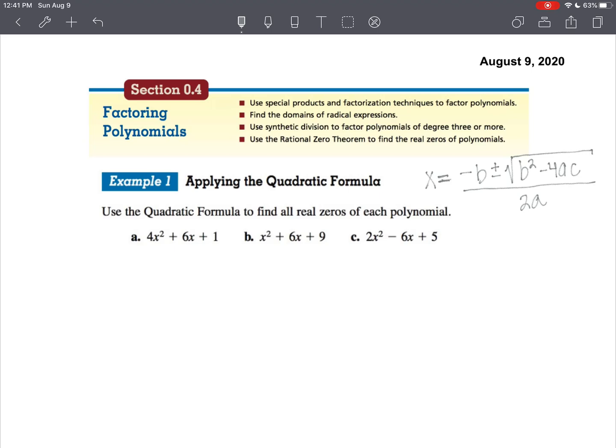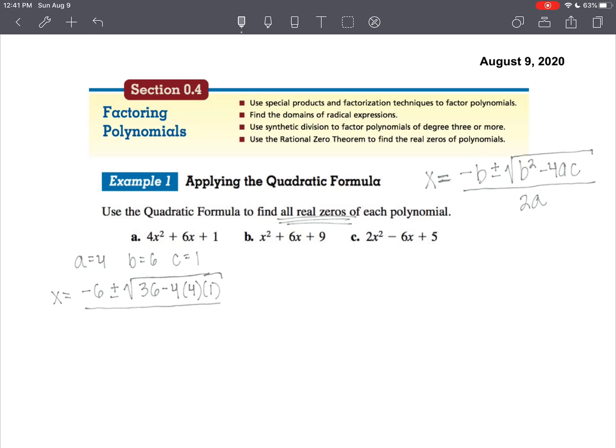So we'll use the quadratic formula to find all the real zeros, just the real ones. 4x squared plus 6x plus 1. A equals 4, B equals 6, and C equals 1. So X equals the opposite of 6 plus or minus the square root of B squared, which is 36, minus 4AC.